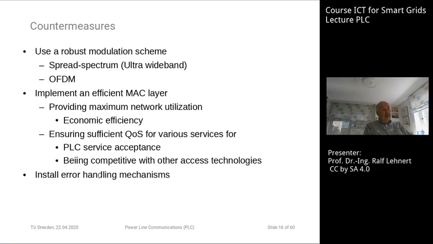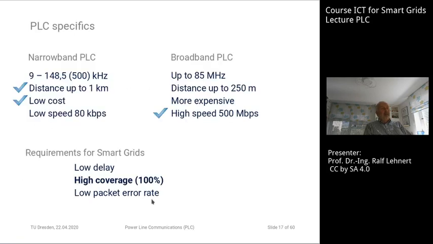And as usual in a communications network on a channel which may have errors, we have to install an error handling mechanism. So finally, some classification. PLC can be classified by the frequency bands used. The first implementations of PLC were broadband PLC networks, nowadays running in the frequency band I mentioned already.